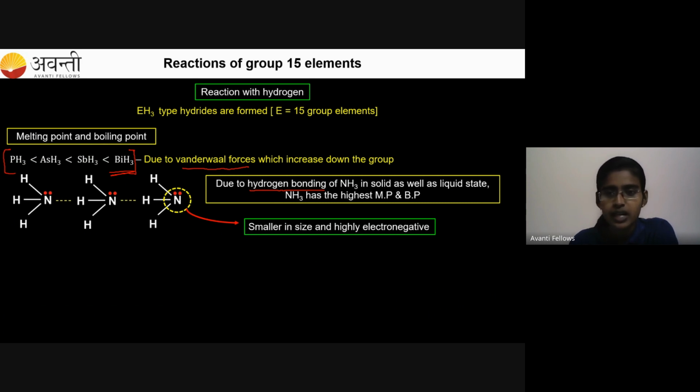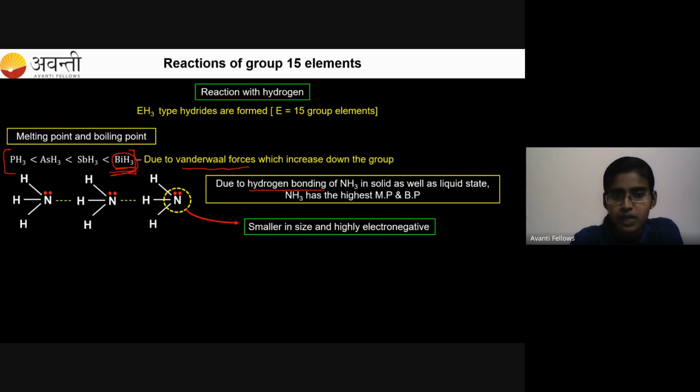Bismuth hydride has the strongest van der Waals force compared to the others, so we need to supply more energy. Only then will it boil or melt. So that's why it is increasing. First is NH3, then comes PH3 till BiH3. So this is about the melting point and boiling point of the hydrides.